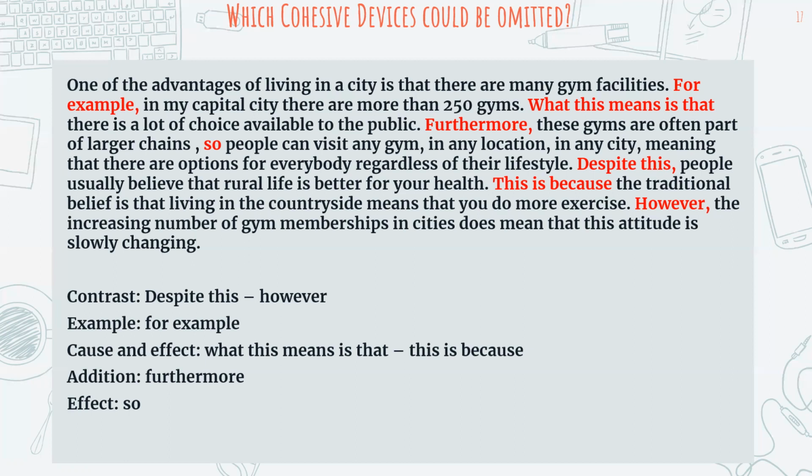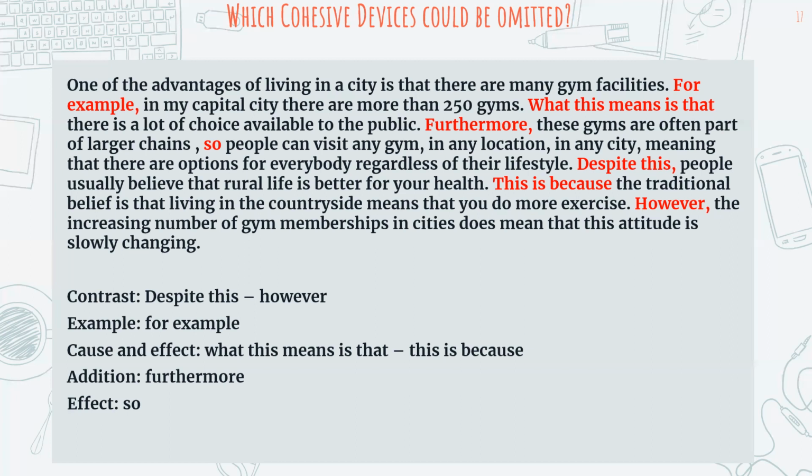Despite this, people usually believe that rural life is better for your health. This is because the traditional belief is that living in the countryside means that you do more exercise. However, the increasing number of gym memberships in cities does mean that this attitude is slowly changing. Here, I want you to pause the video and try to think about each sentence and each cohesive device.